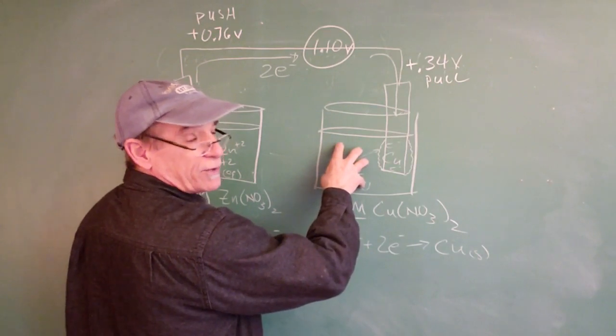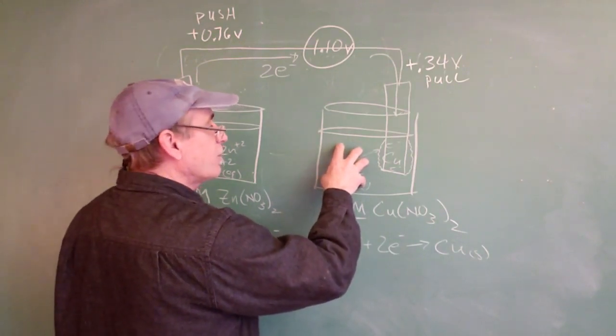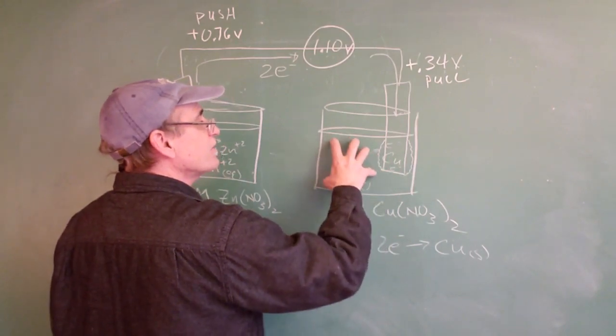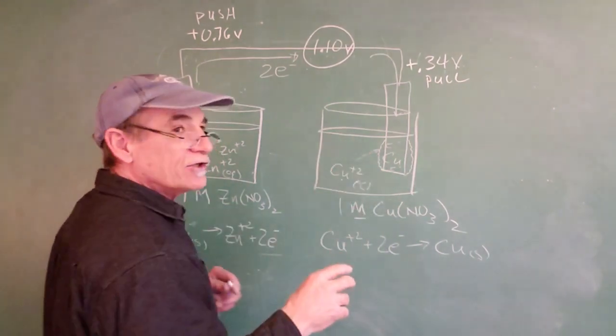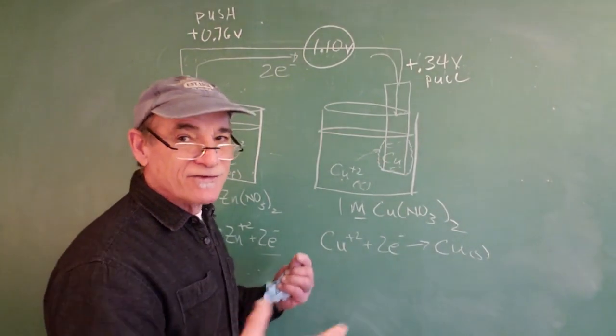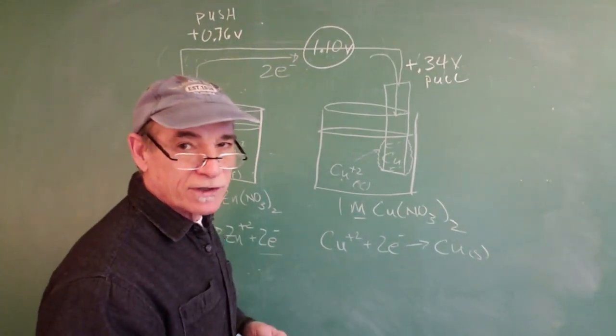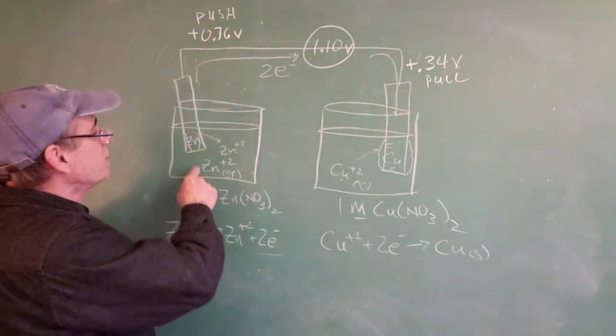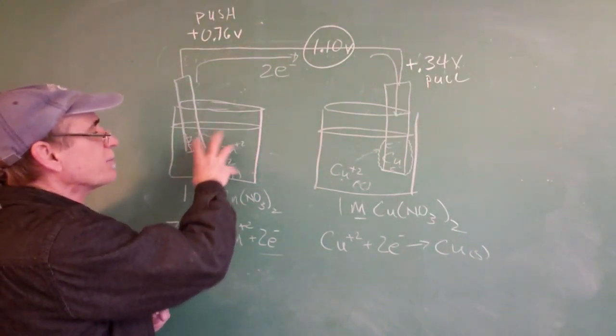Nature likes that, same number of positives as negatives. But as the copper plus 2s disappear from the solution, suddenly this solution becomes too negative. There's too many anions and not enough cations to make up for it. Well, the opposite happens in this half cell, because here the cations are building up.